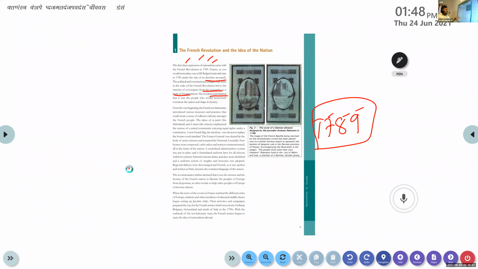So here you can see the French revolutionaries used different methods to unite the people, to create a sense of collective belonging, a sense of commonness. Underline the idea of la patrie, which means the fatherland, and les citoyens. Those are French words. I can give the pronunciation of the words here.